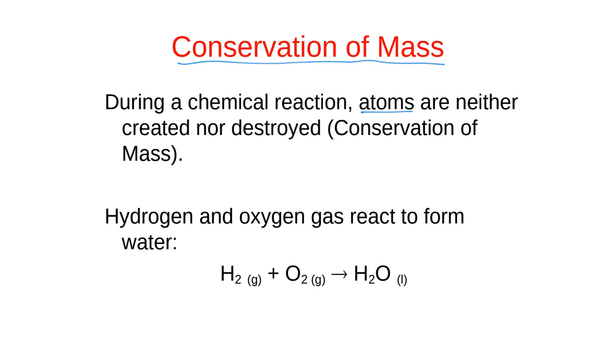That means the mass is conserved here. Whatever amount of mass you give, you get the same amount of product. For example, if you put hydrogen and oxygen gas to react to form water, whatever amount of hydrogen and oxygen is in the reaction, you must get the same amount of water.